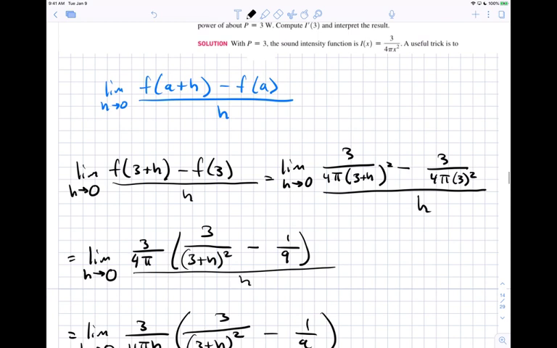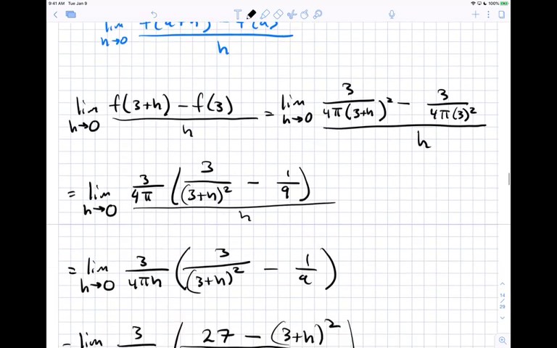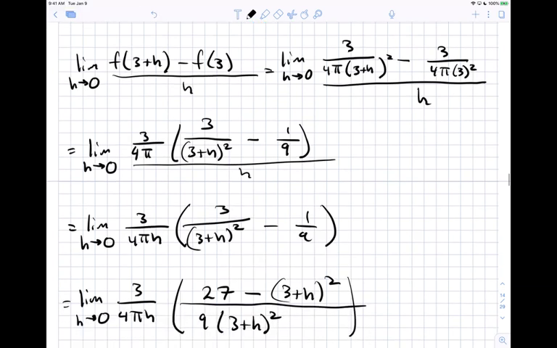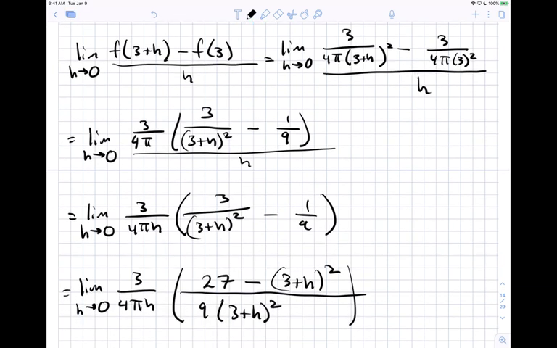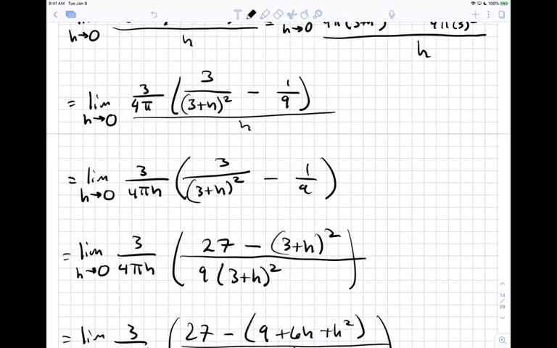Okay, I factored that out. 9, okay. I move that over there, that's fine.